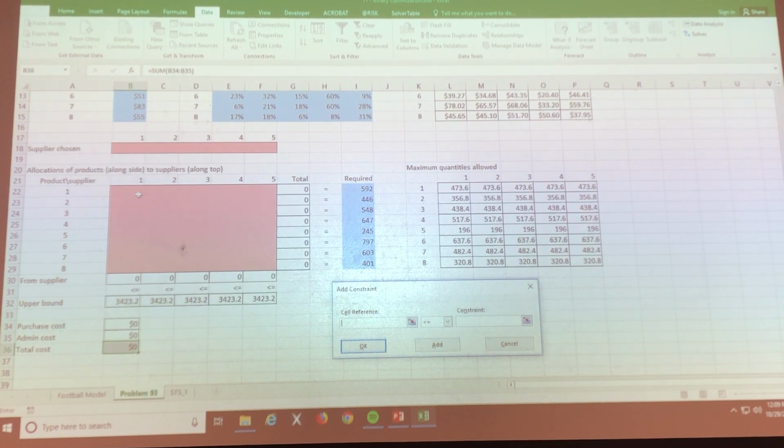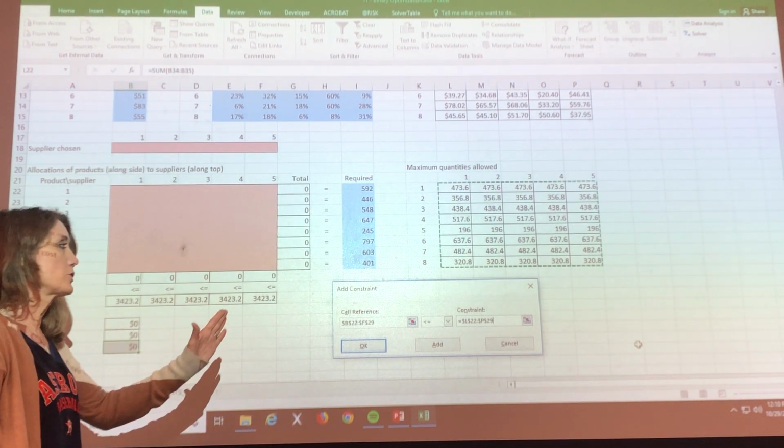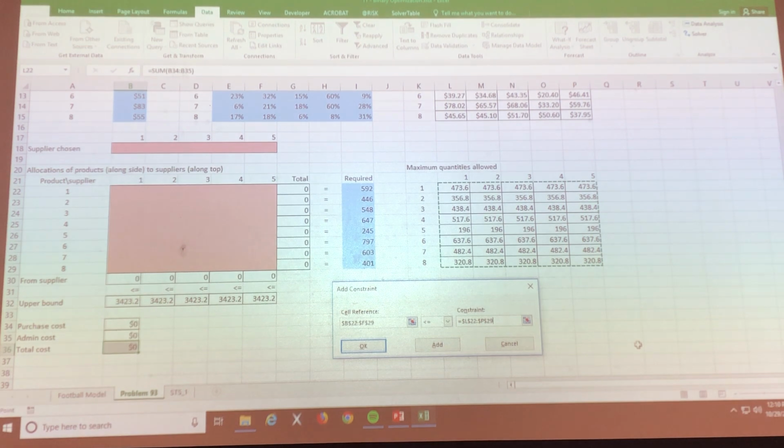Right, so make sure that all of these values right here, and I know you don't see this one in the same way because it's not documented in the same way on the worksheet, but make sure that all those quantities from B22 to F29 are less than or equal to all of these max possible that you could get from that supplier for that product, which is L22 to P29.